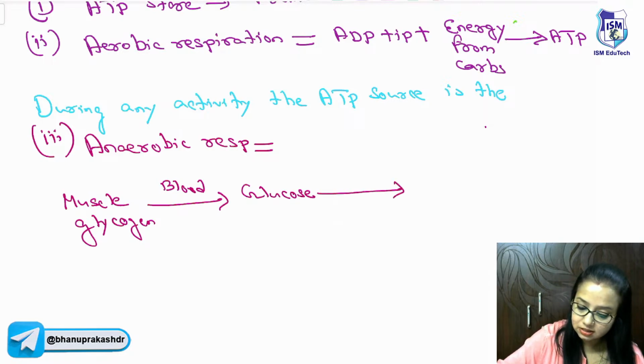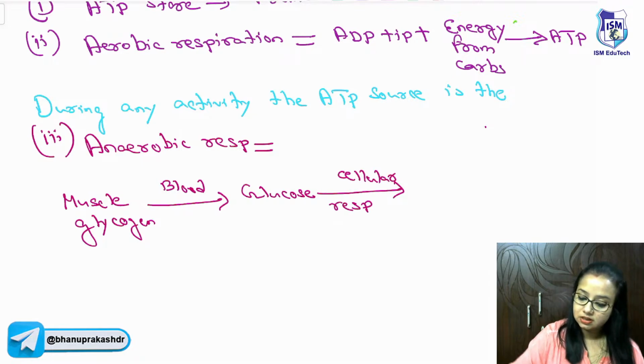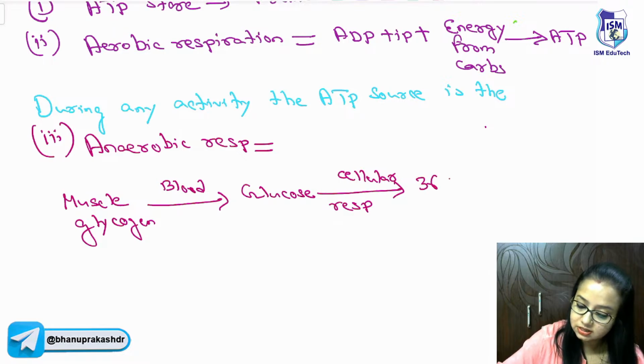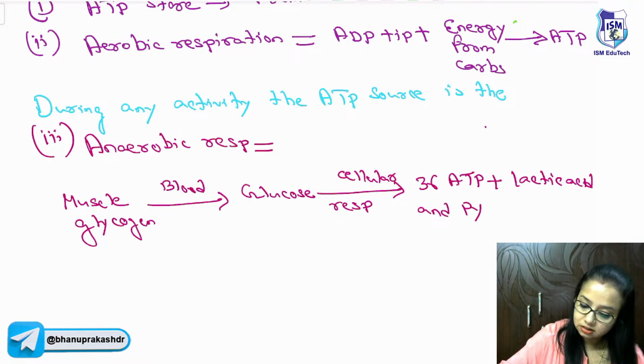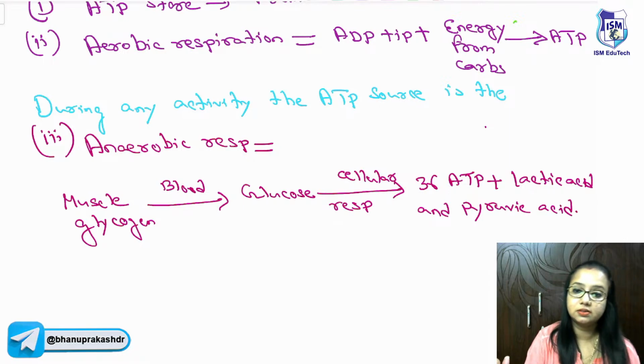And then via cellular respiration it breaks down into 36 molecules of ATP and also lactic acid and pyruvic acid. Okay.